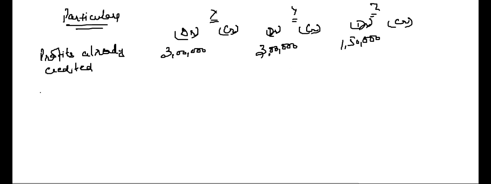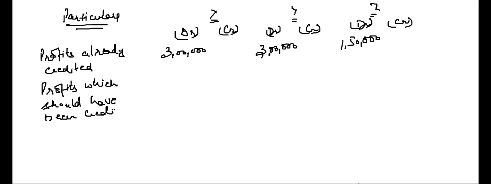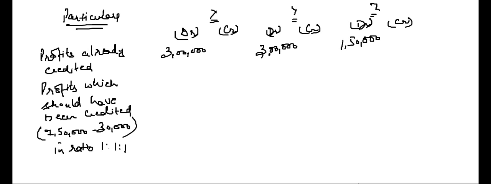Now the profits which should have been credited: the profits are 7,50,000 minus 30,000 towards partners' loan, right, in the ratio 1:1:1.